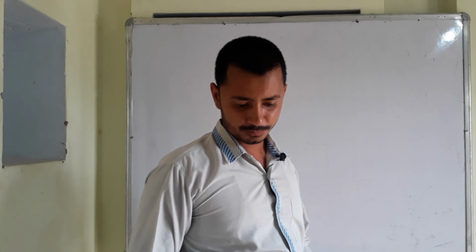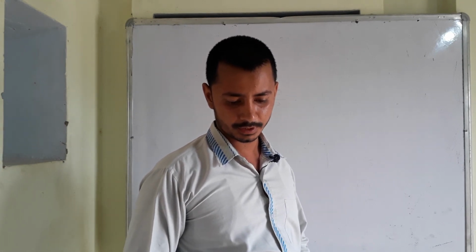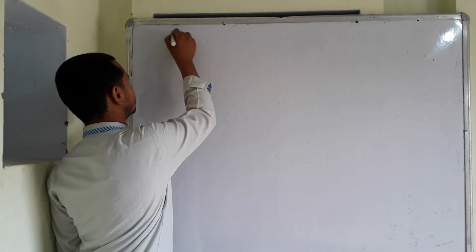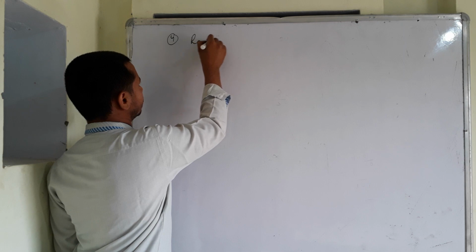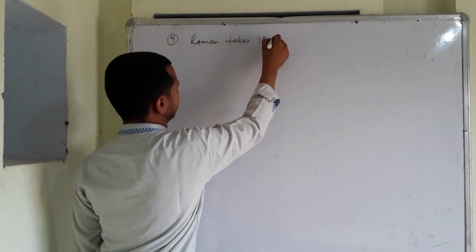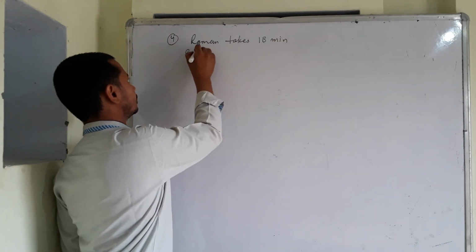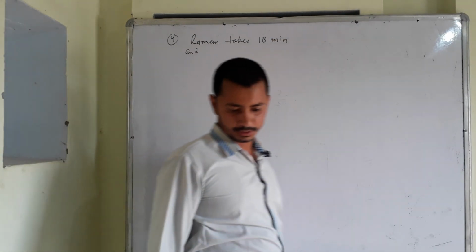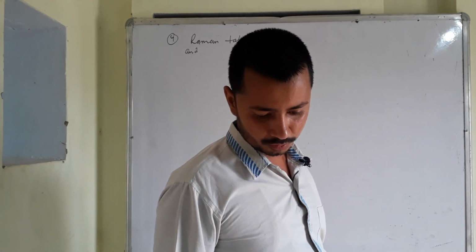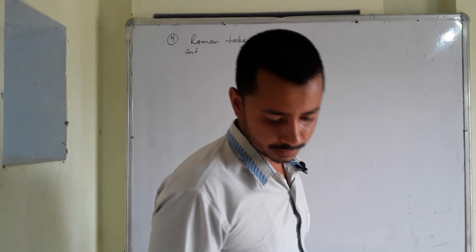There is a circular path around a sports field. Raman takes 18 minutes to complete one round. Raman takes 18 minutes. Okay, and the second participant Anupriya takes 12 minutes to complete one round of the circular path.